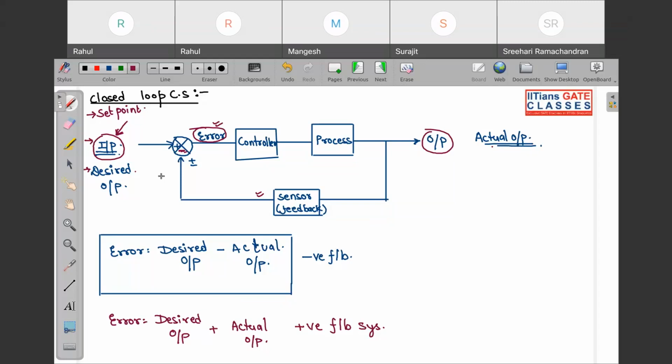But what happens if more people enter the room, or if sometimes the outside temperature increases? Your AC cannot take proper actions. That is why those systems were open loop systems.